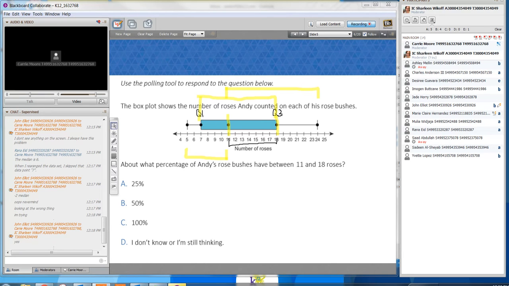But just between the median, another way of saying the median is quartile 2, right? Just from the median to quartile 3 would not be 50%. So those of you who have answered B, I'd like you to rethink that.